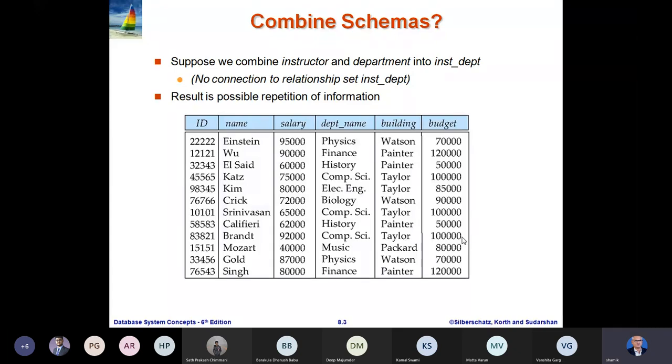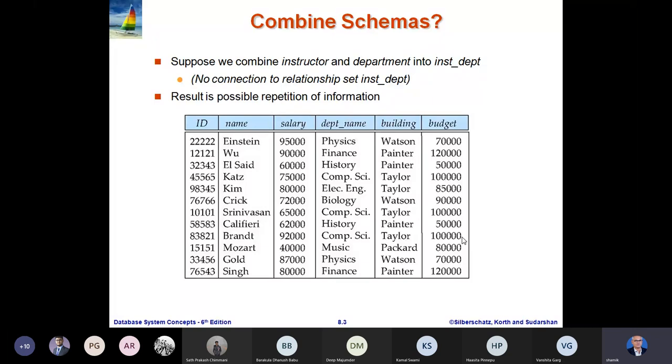Even if that assumption is true, still keeping that information along with these instructors will not make sense, because if the same department physics has two instructors, say Einstein and Gold, and they sit in the Watson building, even though physics might be having other buildings, there is no point repeating the budget for that department name and building combination.